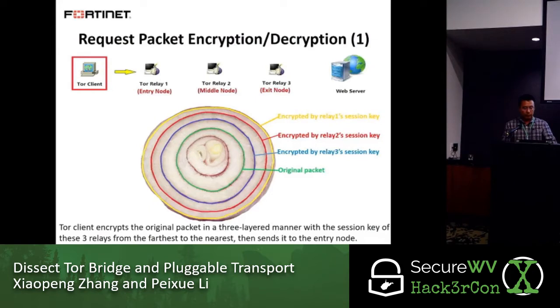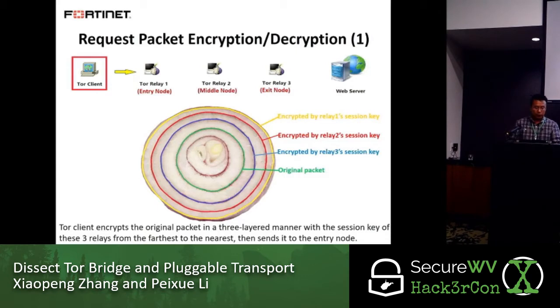It first encrypts the packet with the session key of the exit node, as indicated by the blue circle. Then it encrypts the packet with the session key of the middle node, as indicated by the red circle. Finally, it encrypts the packet with the session key of the entry node, as indicated by the yellow circle.